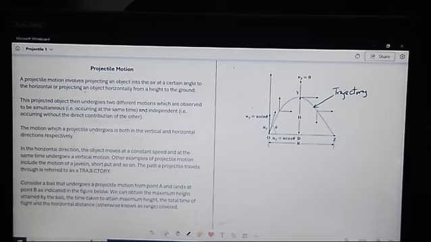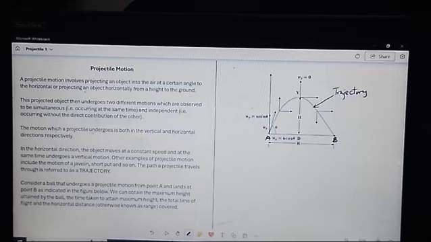Now, consider a ball that undergoes a projectile motion from point A. Let's say this is point A, and this is point B. The object undergoes a projectile motion from this point and lands at this point B. You can get the maximum height attained by the object.